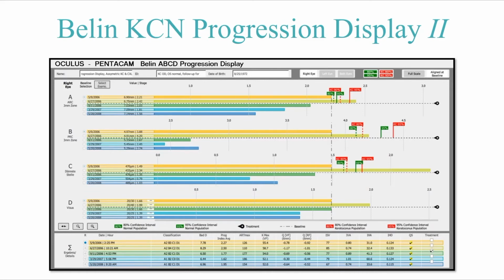You can also see here that the 80% confidence intervals are shown by the dotted line, the 95 by the solid, the normal population is in green, and the keratoconic in red. And as you will always see, again, the red flags are further to the right because they're noisier measurements. So you need greater change based on the keratoconic population.